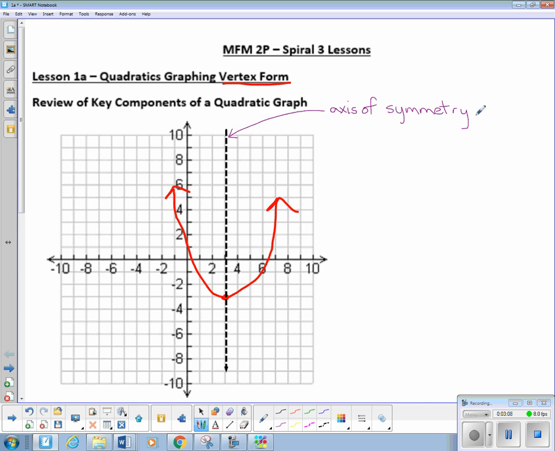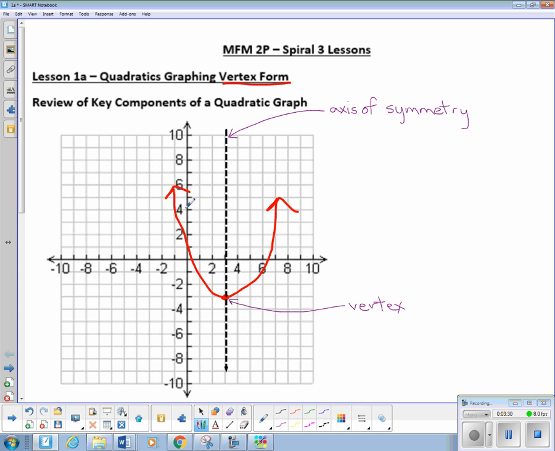Now, the thing about the axis of symmetry, if you notice, it went through this point, and in this case, the point was the lowest point of the graph. And that lowest point is called the vertex. Now, the vertex is special in the sense that it's the place where the graph changes direction.